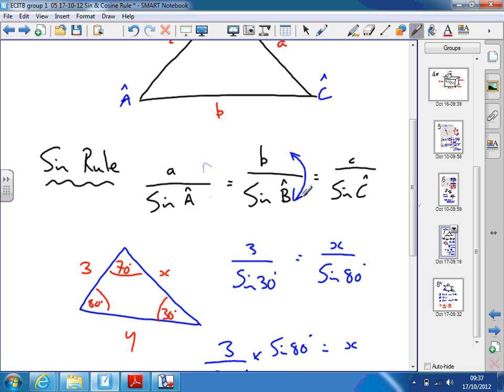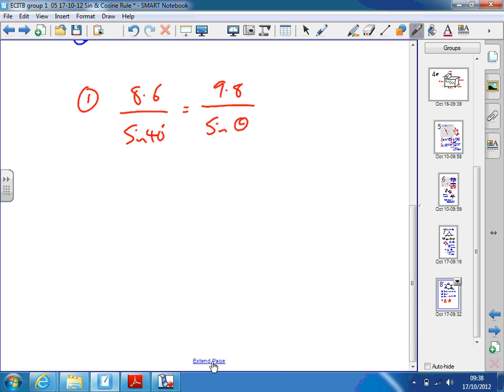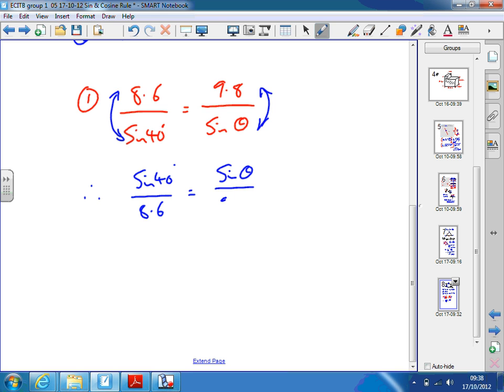In this case, it's useful to have it the other way up, because what I'm trying to find is underneath. So let's split these ratios. At the start, you could have written that and say, therefore, sine 40 over 8.6 equals sine theta over 9.8. So you could write the ratios either way.